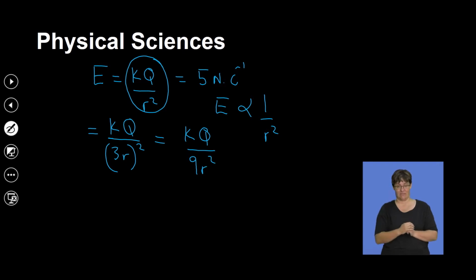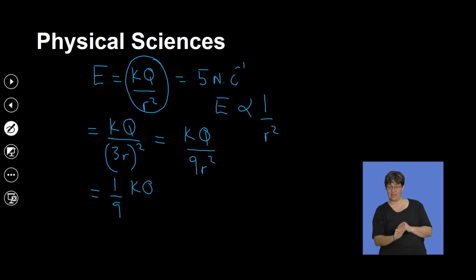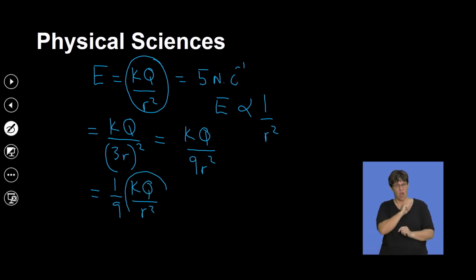I think we're onto something here. It's a ninth of the original magnitude of the electric field at a point, because we know that this is 5 newtons per coulomb. Then this reduces to 1 over 9, which is 5 over 9 newtons per coulomb.